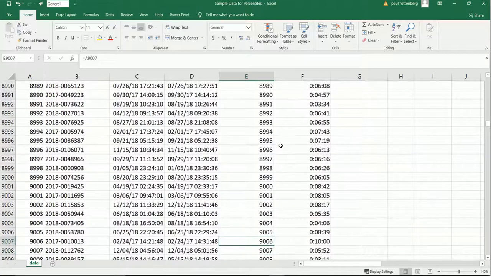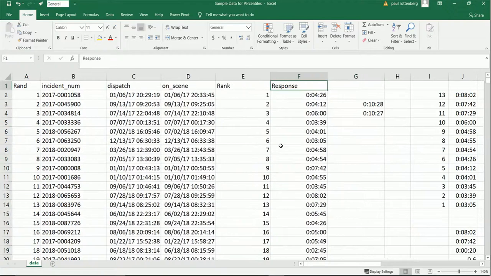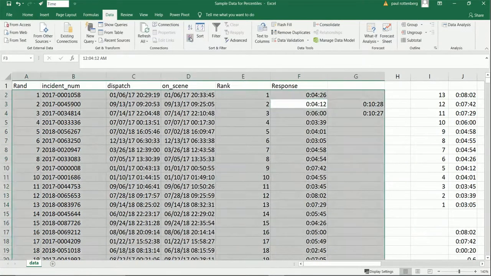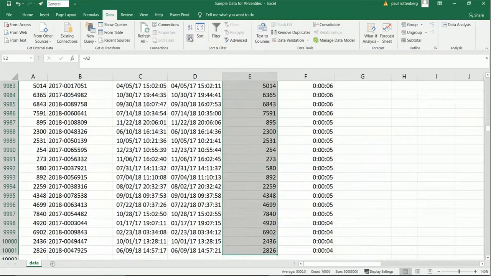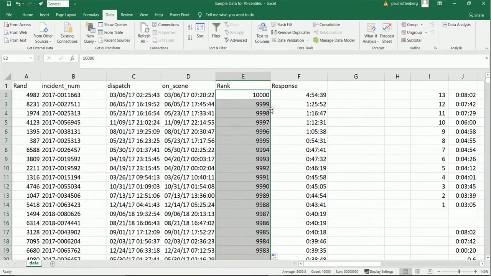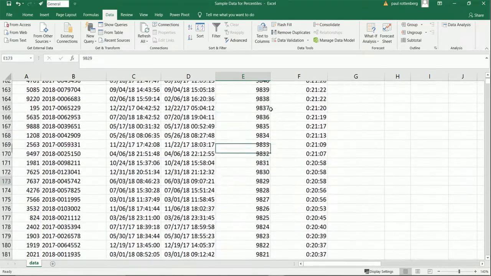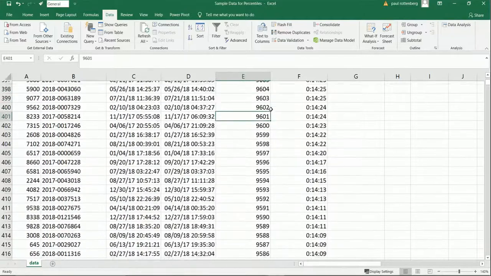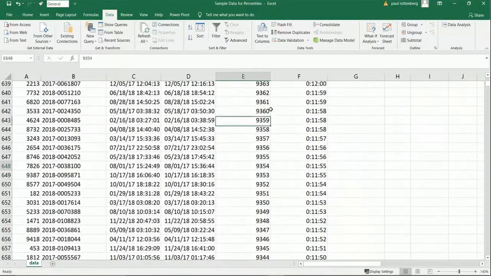So here's 9,000. We've got to sort these in order. So let's sort those in order. Get rid of those. And we'll make this rank order 10,000 and rank order 999. Autofill down. So we're going to go down to rank order 9,000 and we're going to see what value is corresponding with rank order 9,000.